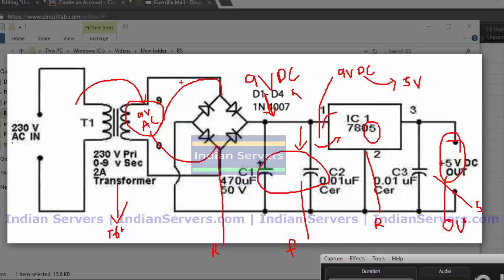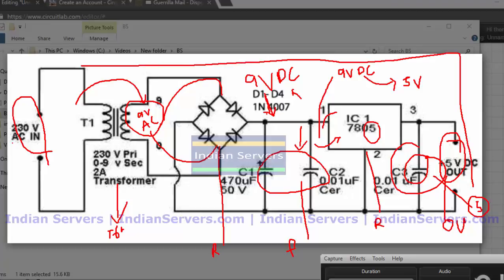Like that, we can convert 230 volts AC to 5 volts DC for our devices. Here you can place a capacitor which is a protecting or voltage fluctuation removing capacitor. So all these things are kept in one circuit, and we call that circuit an RPS, that is regulated power supply.